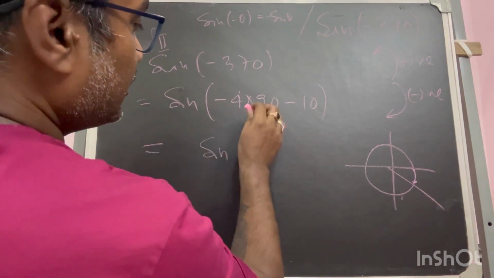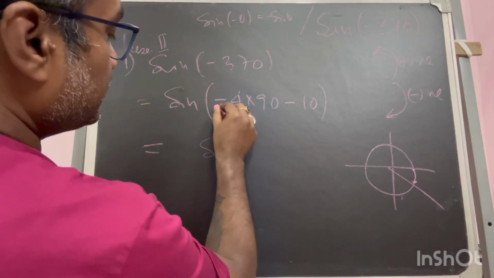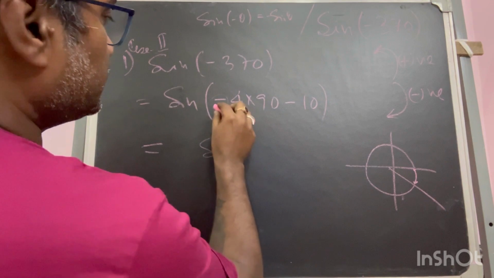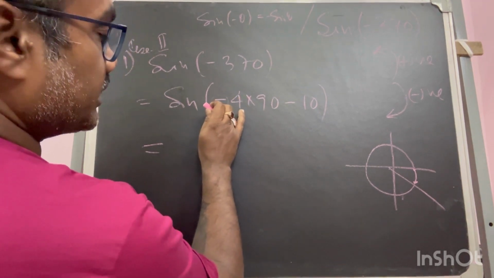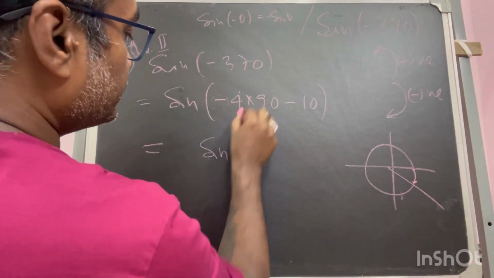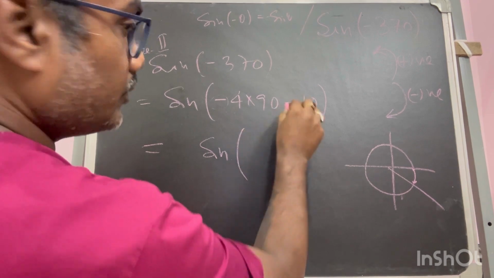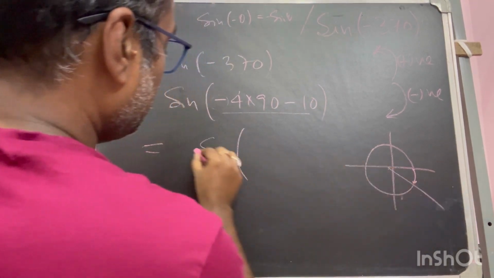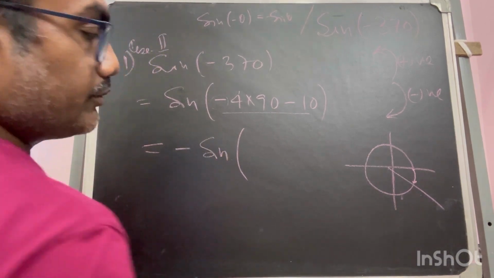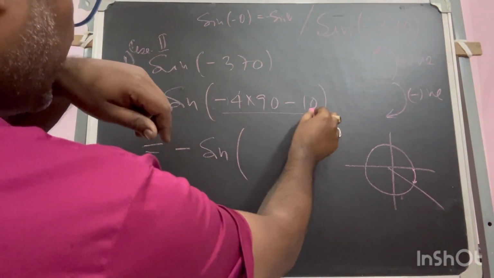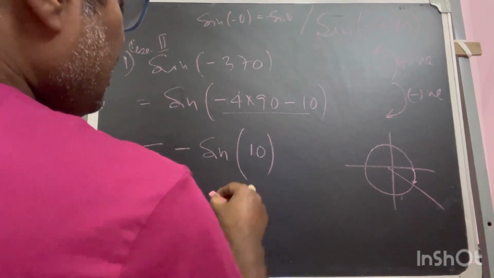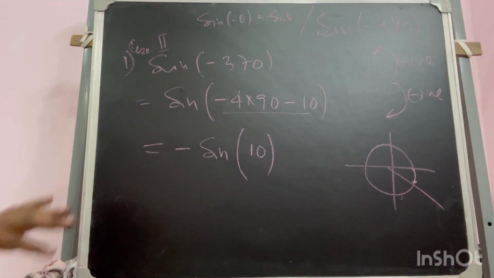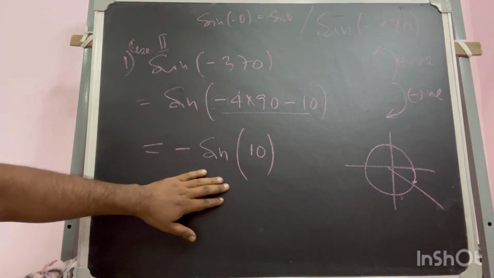Okay. And further, this sign only denotes which way it is rotating. So after that, there is no use of this sign. Okay. So 4 into sine will be sine. Now this total angle, it is lying on fourth coordinate. So only I will bring minus for that fourth coordinate, and the angle is 10. Understood? So this way also result comes the same.